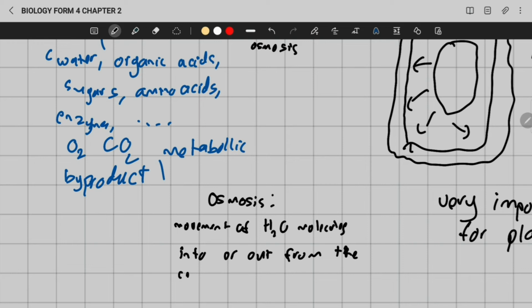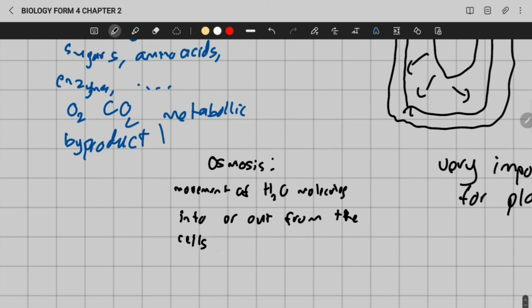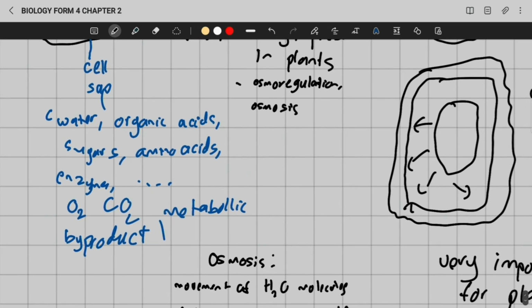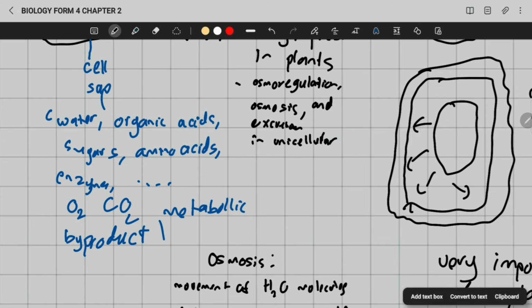This is not a complete explanation, but you will learn the complete explanation later in the next chapter, following the concentration gradient. Osmosis and excretion. Excretion in simple animal cells, in unicellular organisms, unicellular animals like protozoa, amoeba.